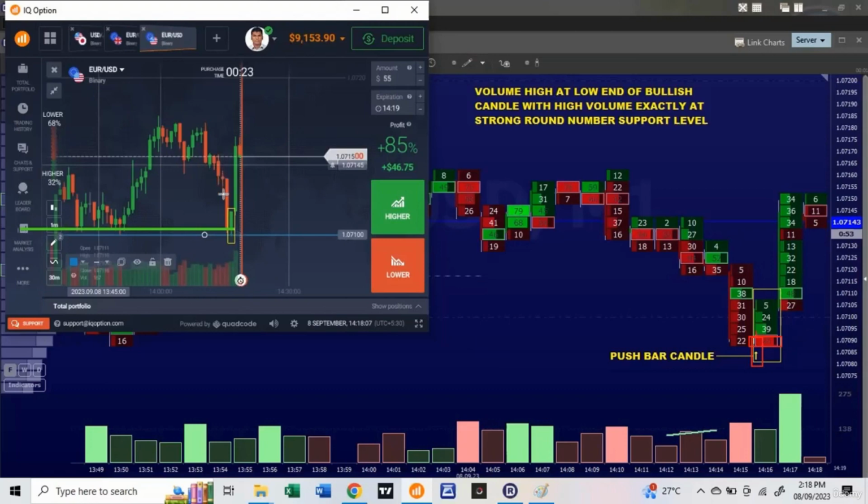Sellers exactly close at this buyer's area, and when sellers exactly close at this buyer's area, if you observe this candlestick history, what's the history here? Its history is now this volume is by the buyer's side. So this volume is by the buyer's side, and this candlestick is a bearish candlestick.